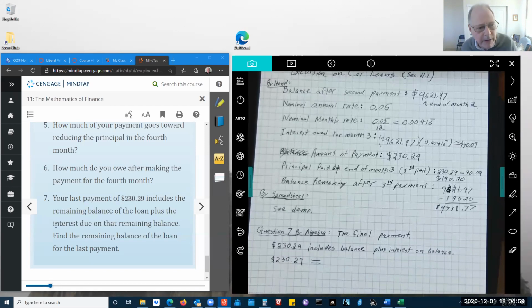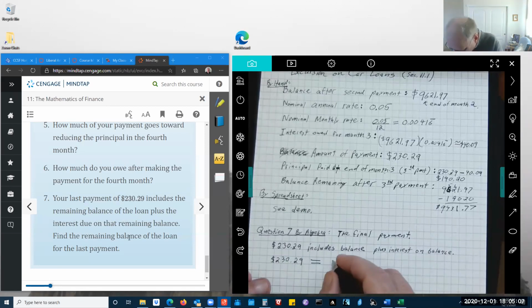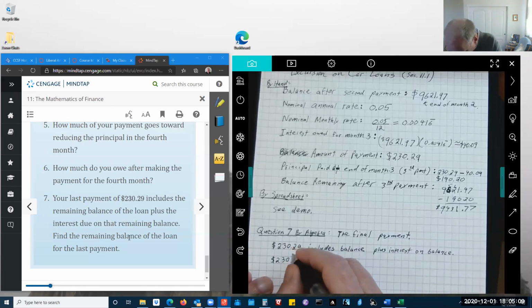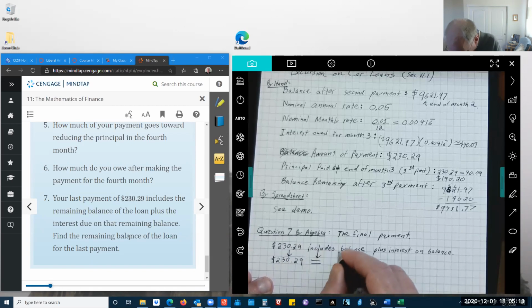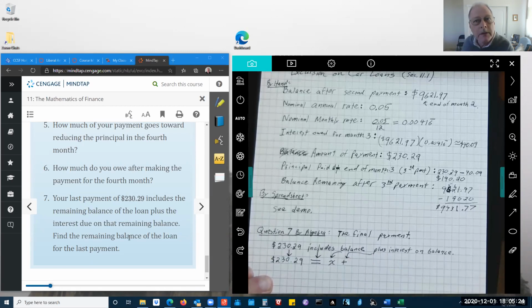They want us to find the remaining balance on the loan at the last payment. That's what we want to find out. It's that balance plus the interest on the balance.